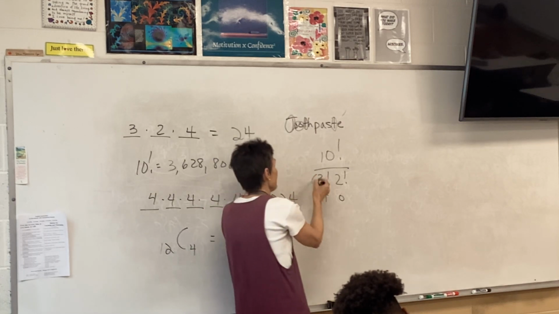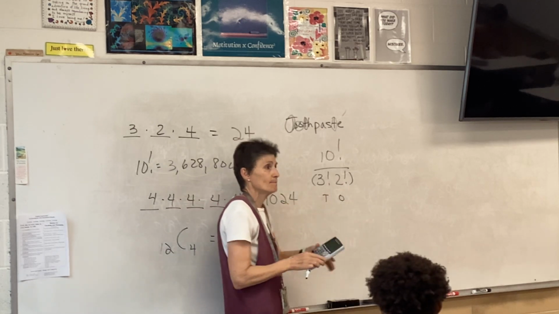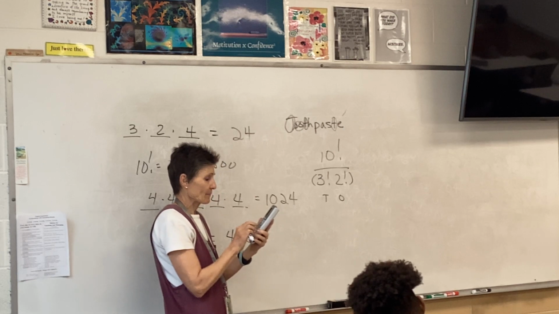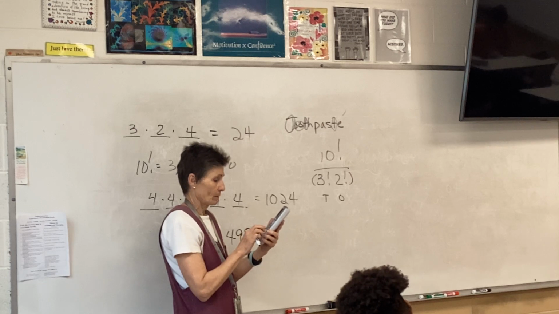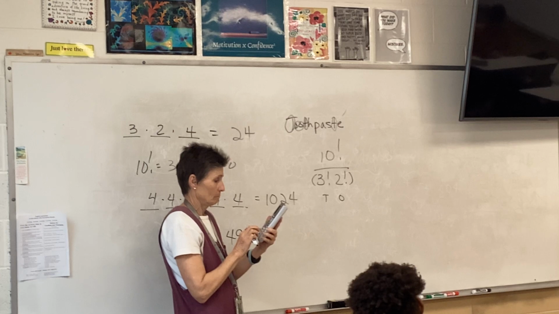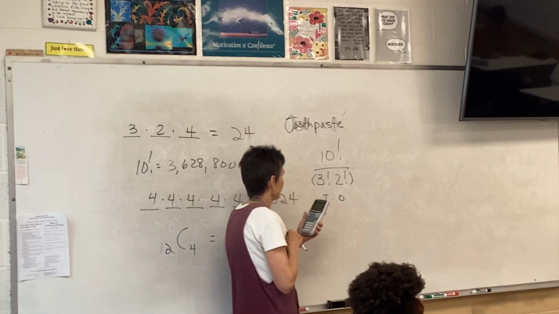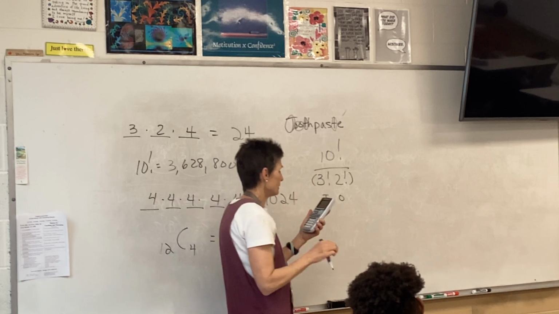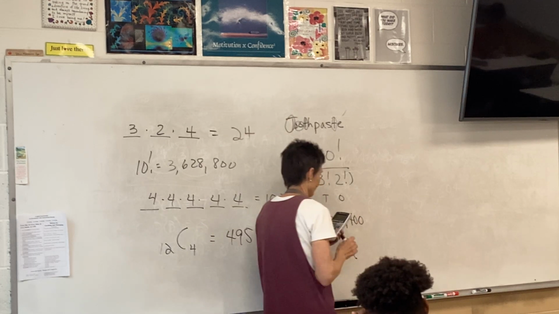When you type this in, make sure that's in parentheses. Please don't try to combine these. You can't. Just type it in. Did you get 302,400?